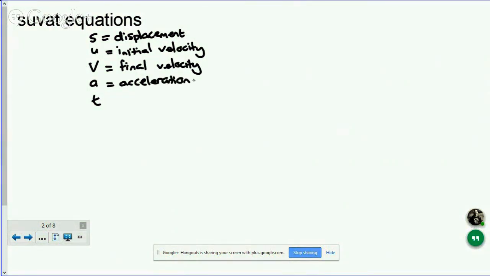Within M1 for kinematics, acceleration is always going to be a constant. And then finally, t is time. And the way that they relate to each other is that one of your suvat equations is that the final velocity is equal to the initial velocity plus the acceleration multiplied by the time.